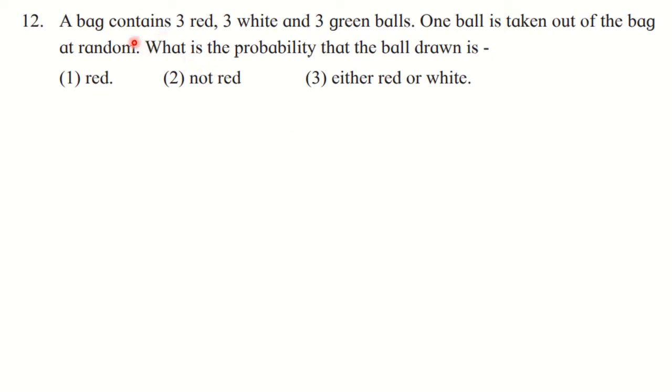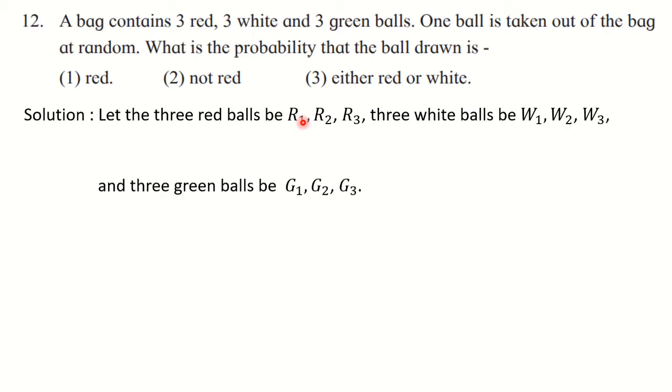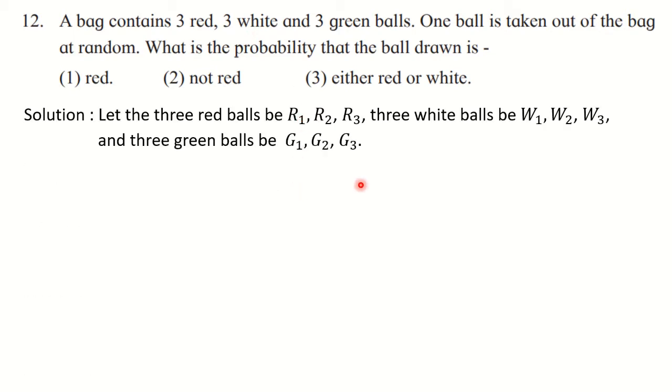So let us write down the sample space by using the first statement. 3 balls are red, 3 are white and 3 are green. Red we will take as R1, R2, R3, white as W1, W2, W3 and green as G1, G2, G3.